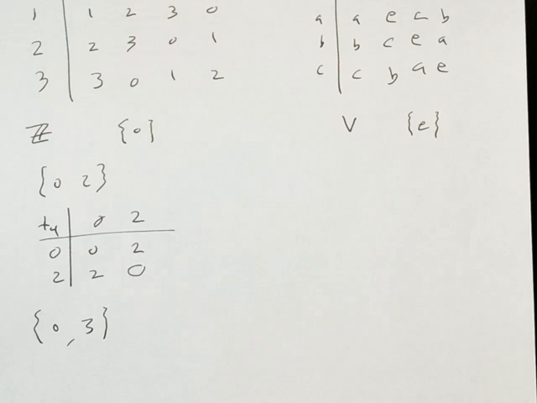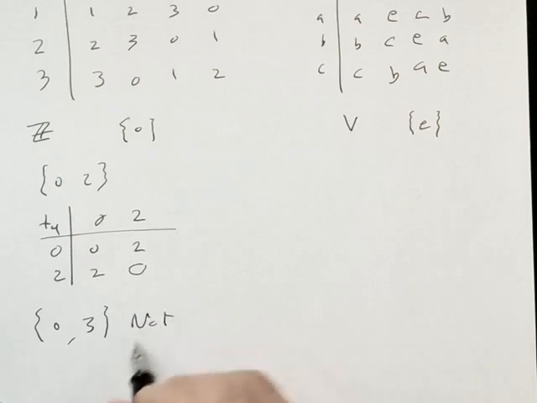I have the identity in a group, right? And if I want a subgroup, it better get identity from the group. What happens if I do 3? Set. There's only one other option, right?